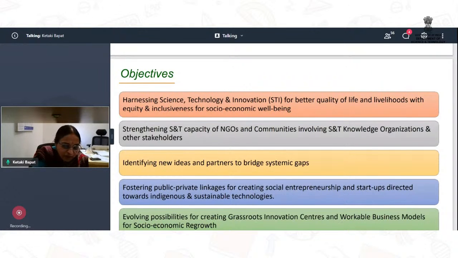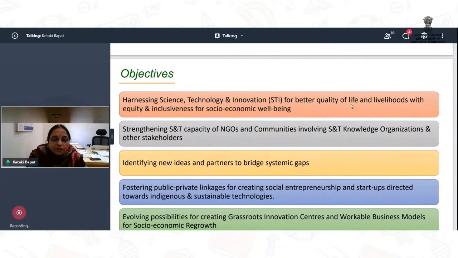We have deliberated the thematic areas, depending on the Atma Nirbhar initiative, that is agriculture and allied sector, social infrastructure sector, cross-sectoral areas, and MSME and economic sector.